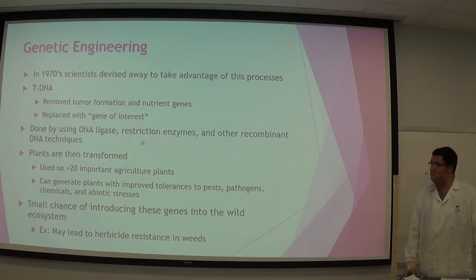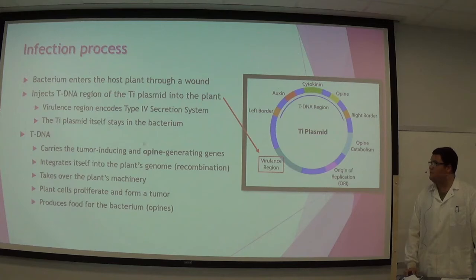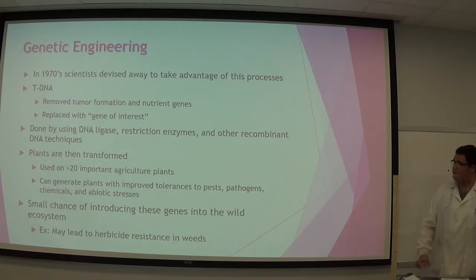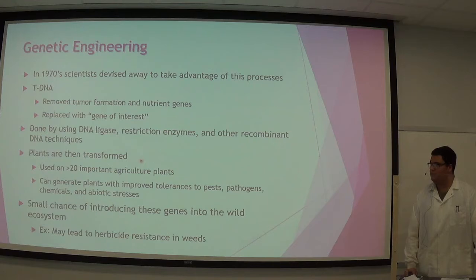They were able to create a construct, some type of Ti plasmid that contained some gene which made the plant resistant to infection by other pathogens. And they transformed the plants using Agrobacterium.